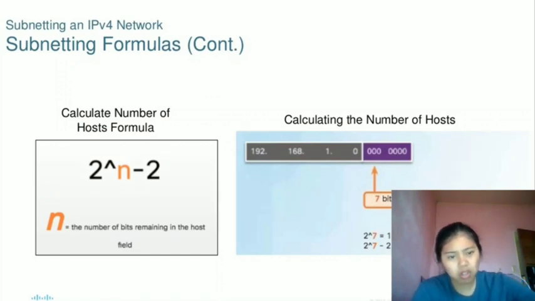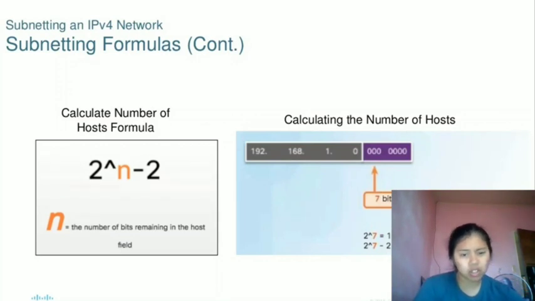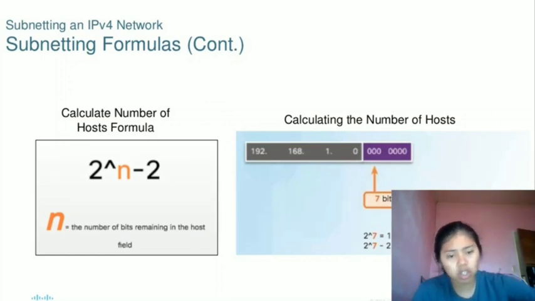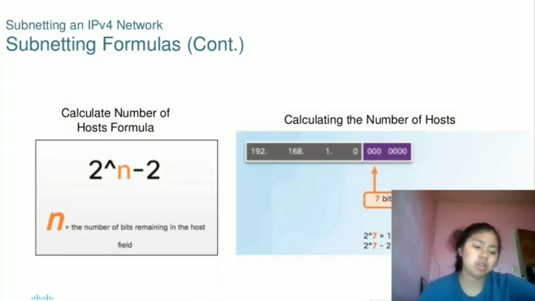So the 7 bits remaining in the host field are the 0000000. 2 to the 7th power is 128 IP addresses per subnet. 2 to the 7th power minus 2 is 126 IP addresses per subnet.